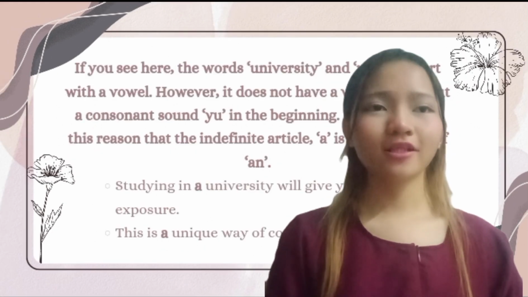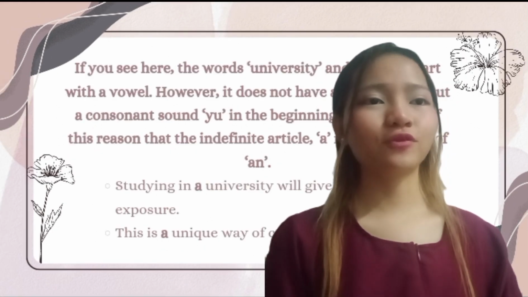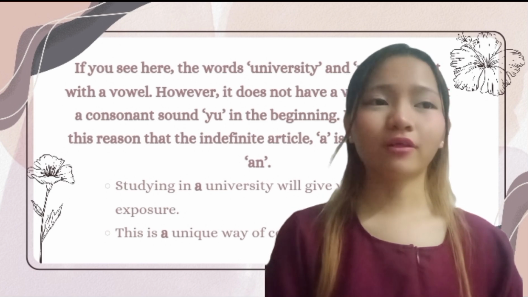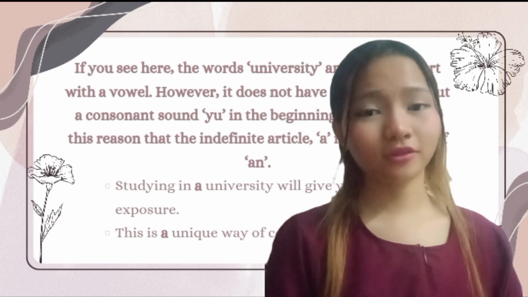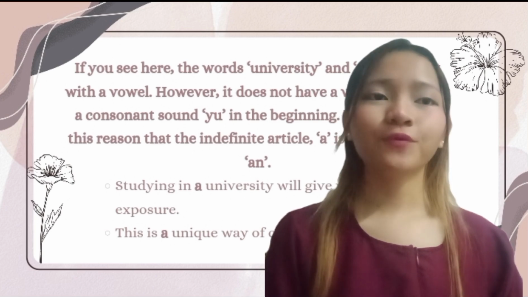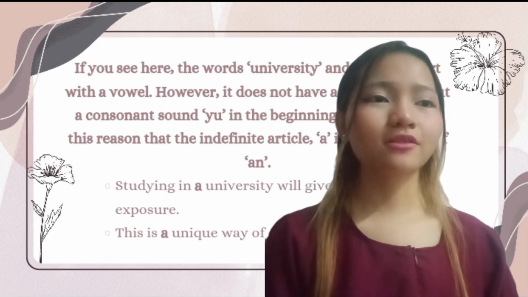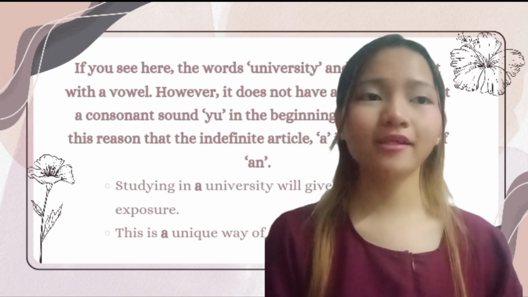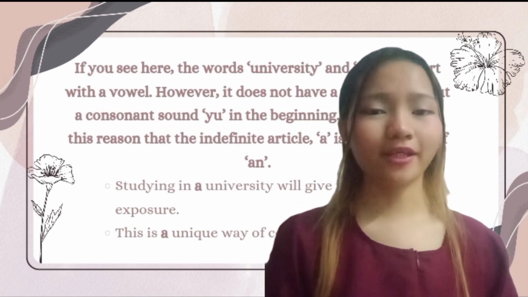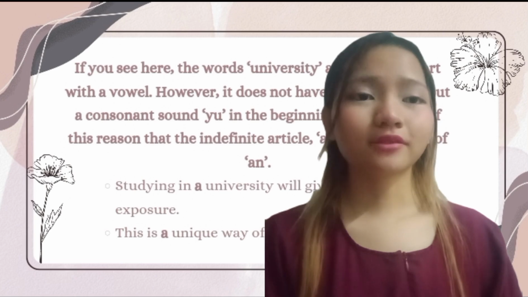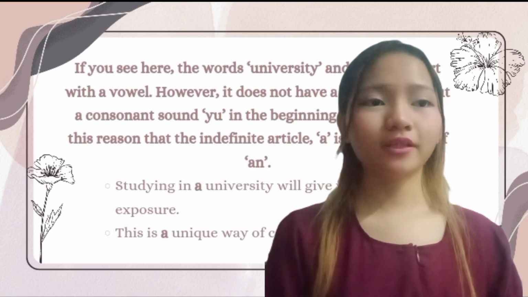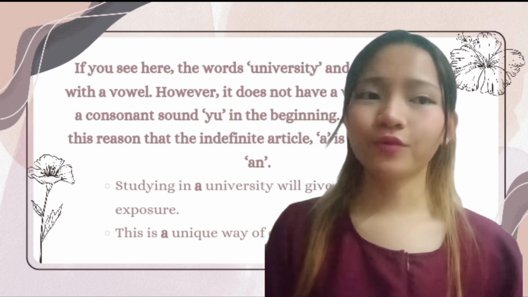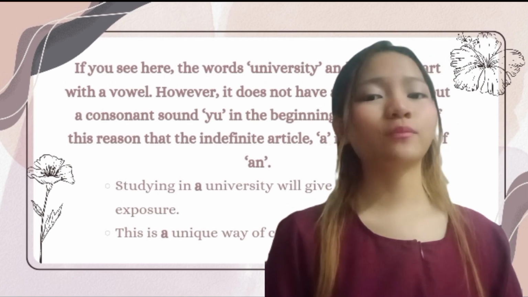If you see here, the words university and unique start with a vowel. However, they do not have a vowel sound, but a consonant sound, y, at the beginning. It is because of this reason that the indefinite article a is used instead of an. Studying in a university will give you a lot of experience. This is a unique way of communicating with birds.